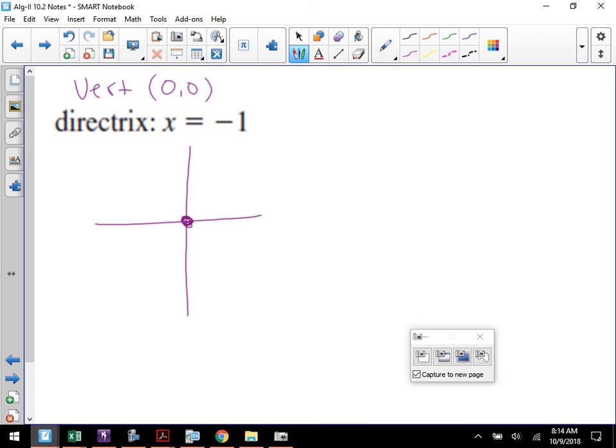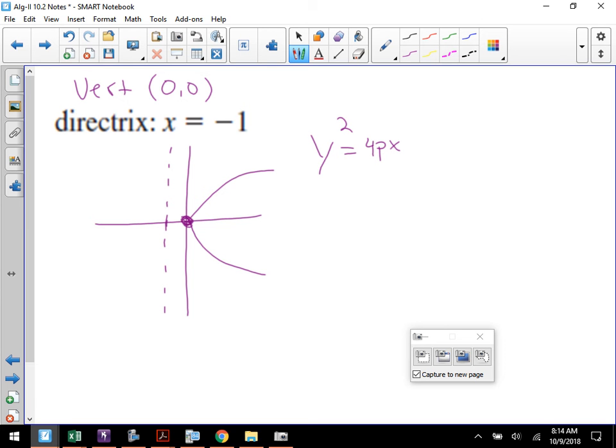I know my vertex is at the origin. Negative 1 is my directrix. Which means, what direction does this have to open? That's open to the right. Very good. Now, if it opens to the right, is it an x squared or a y squared parabola? Y squared. So y squared equals 4px.